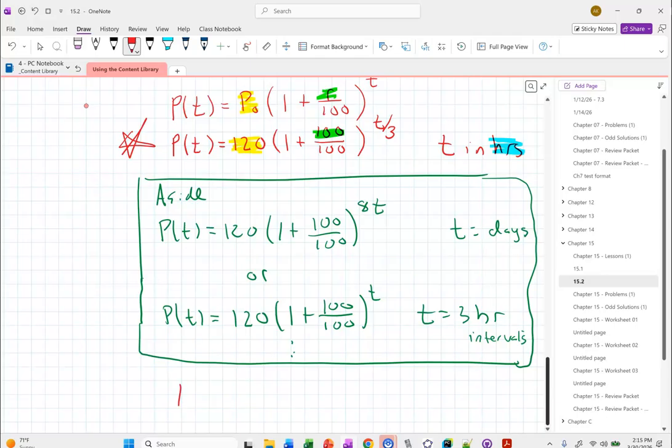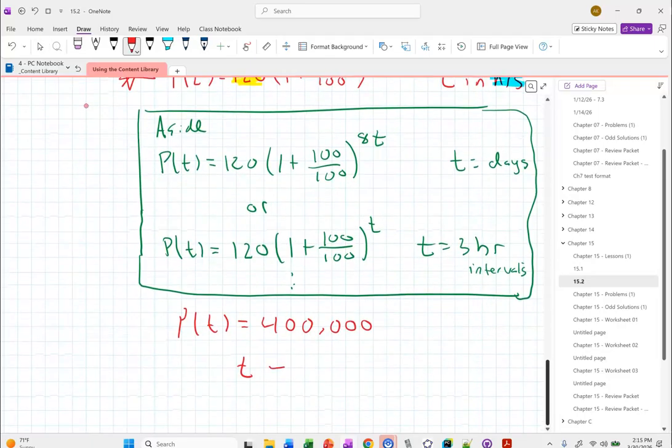So we want P of t equal to 400,000, and we want an answer for t. Because we wrote our equation in hours, we know that our answer would be in hours. Everybody's okay?